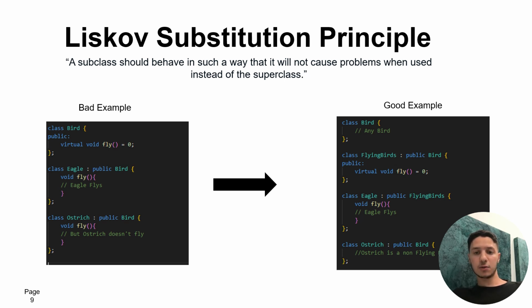And then we have a class called eagle, where eagles can fly. So this makes more sense. We can replace eagle with flying birds, and we can replace eagle with actually birds because it's still a bird. The same could be said for ostrich. Ostrich here is no longer a flying bird. It is only a bird.